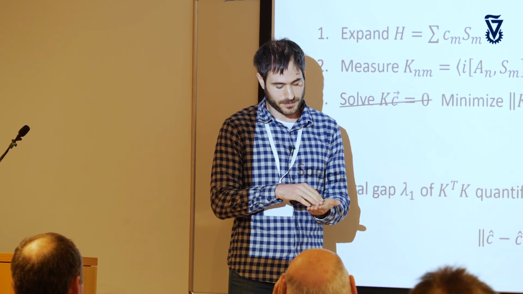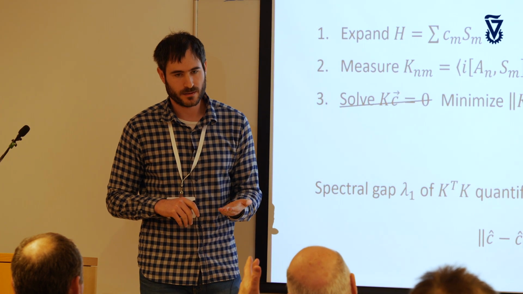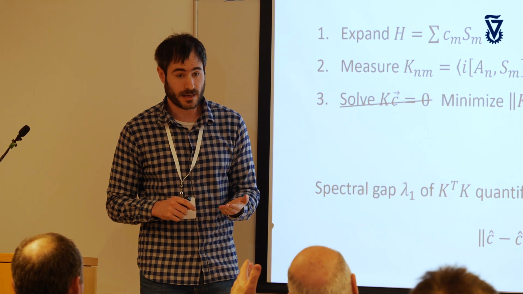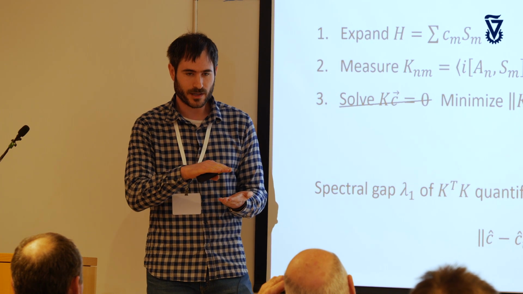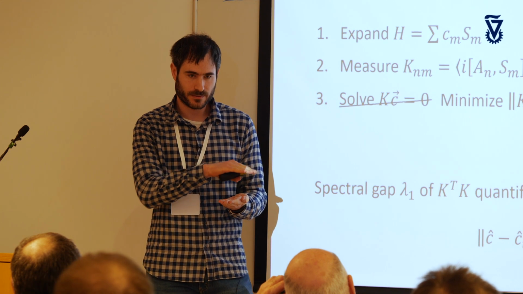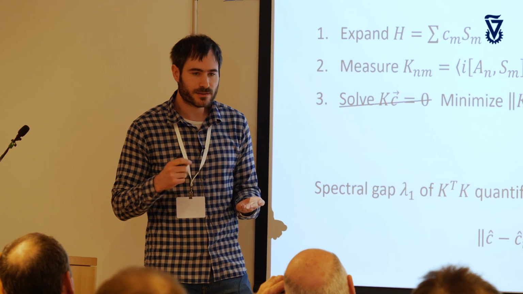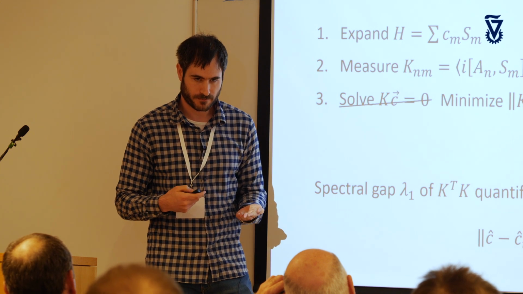And then the first excited eigenvalue is due to the fact that you're measuring a steady state. Yeah, exactly. The first excited eigenvalue tells me how hard it is to distinguish the true Hamiltonian from a false solution. So that tells you the robustness of the recovery to noise.